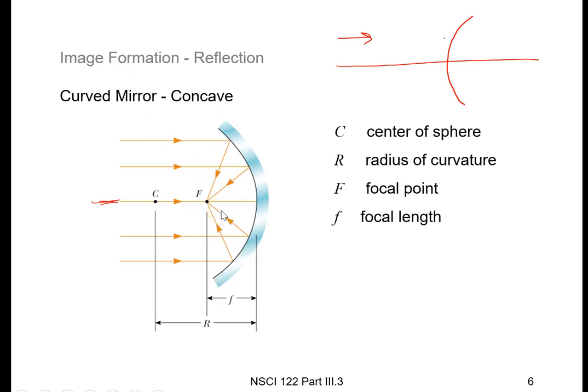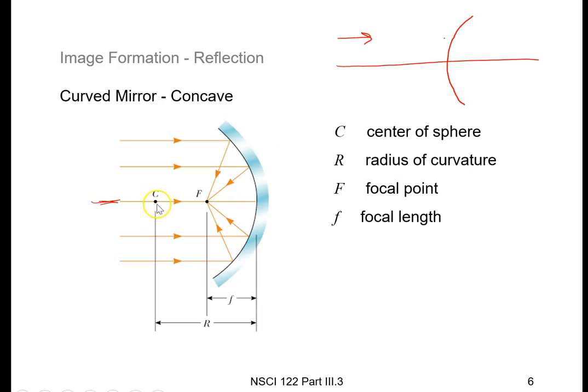All of these mirrors have what we call a focal point, symbolized by uppercase F. What determines that focal point is the shape or curvature of the mirror, which can be characterized by the radius of curvature, uppercase R. The way you find the radius of curvature is, this curved surface is part of a sphere in 3 dimensions, so in 2 dimensions on your screen it looks like part of a circle.